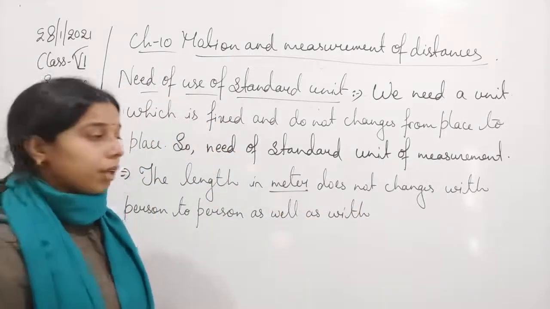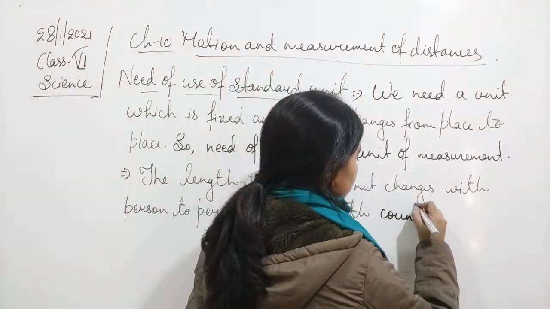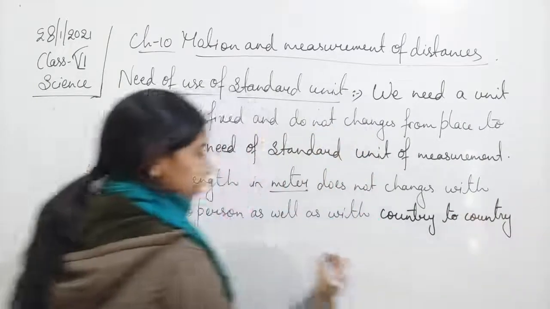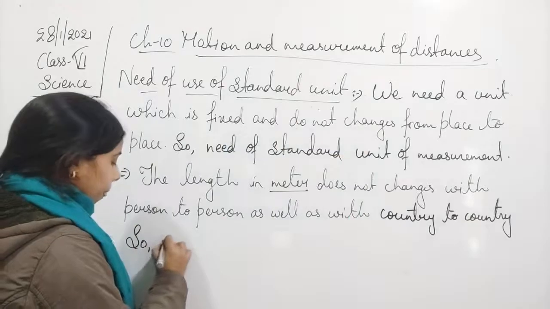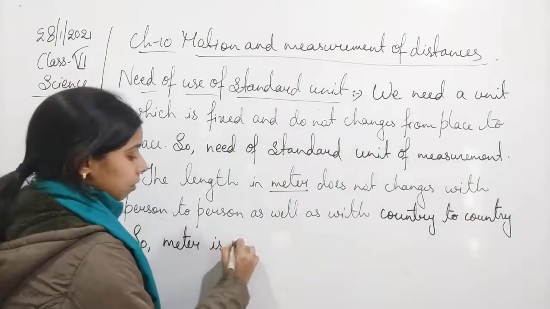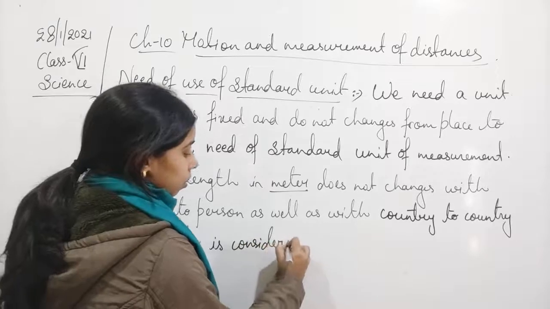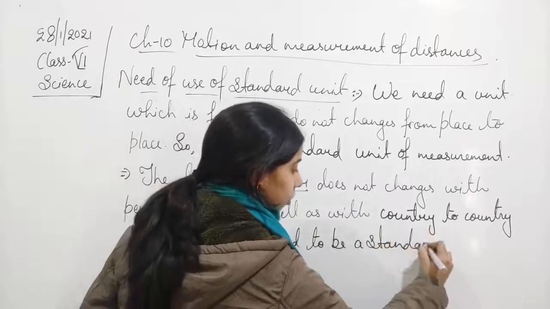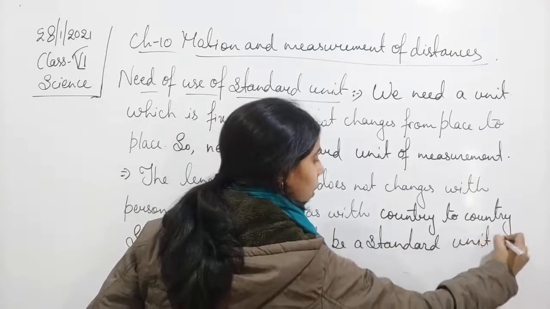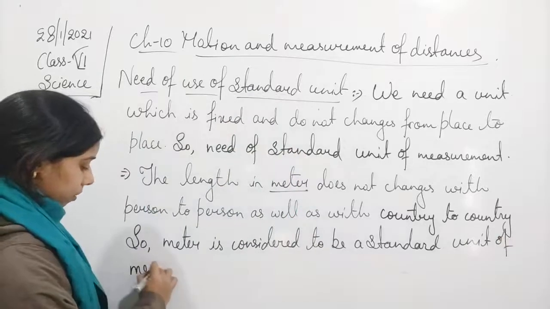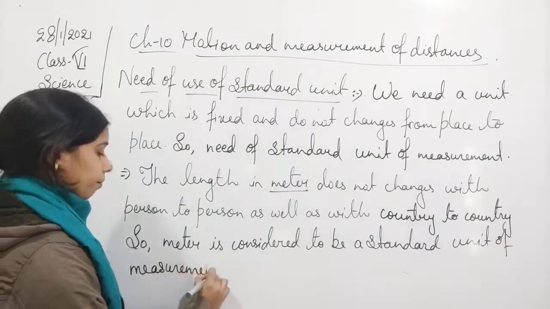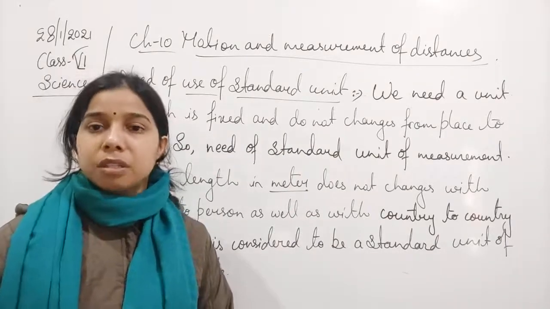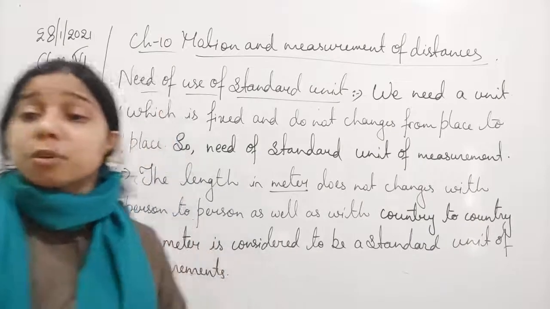Since it remains the same from country to country, meter is considered to be a standard unit of measurement. So we will say that meter is a standard. Since it does not change the value, it remains fixed.